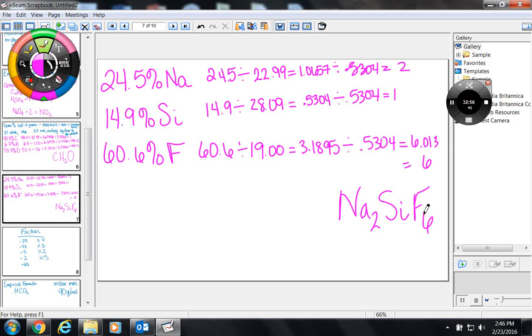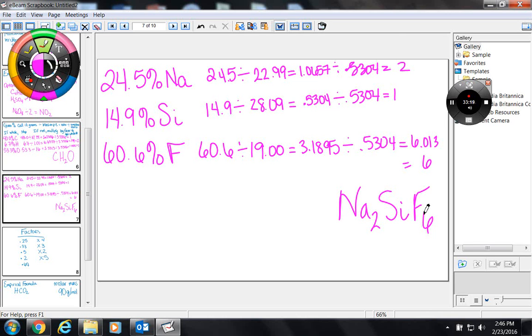In math, if I get 0.5, my fraction is 1/2, so I'd multiply everything by 2. If I get 0.33, my fraction is 1/3, and I multiply by 3. If I get 0.67, my fraction is 2/3, so I'd still multiply by 3.